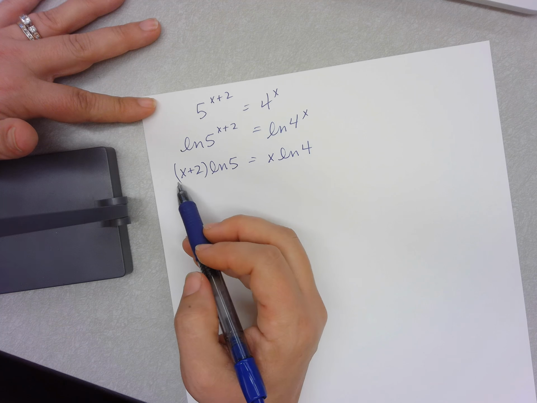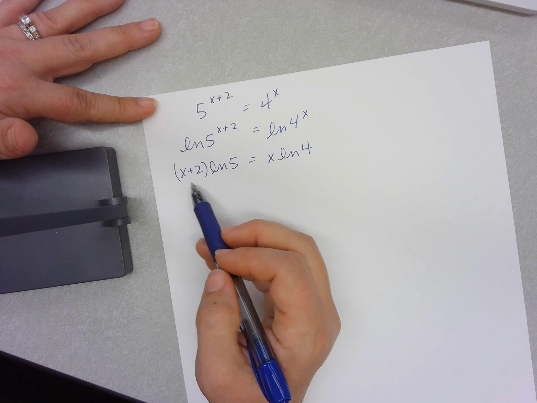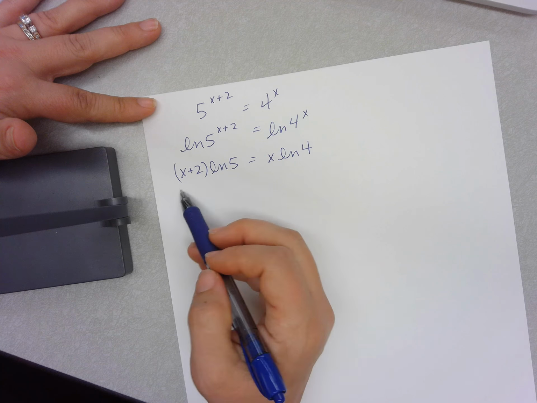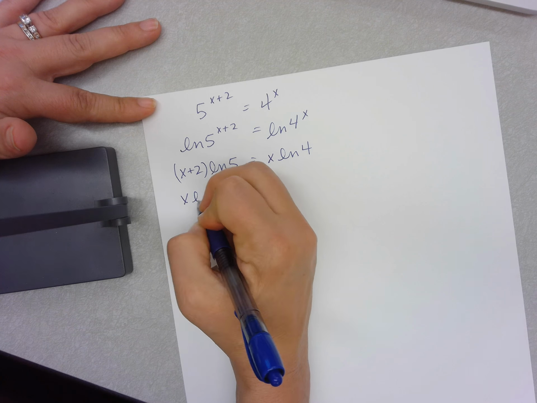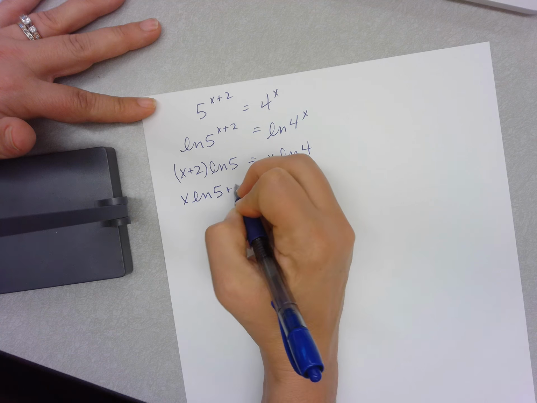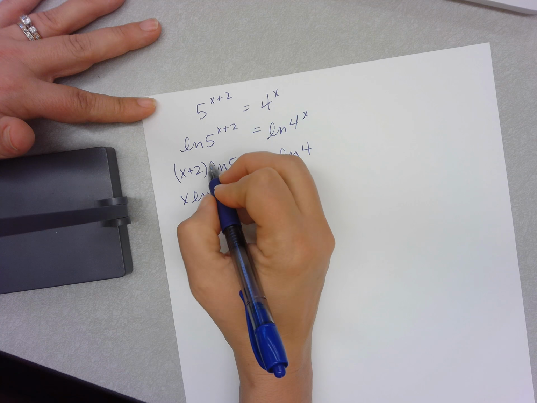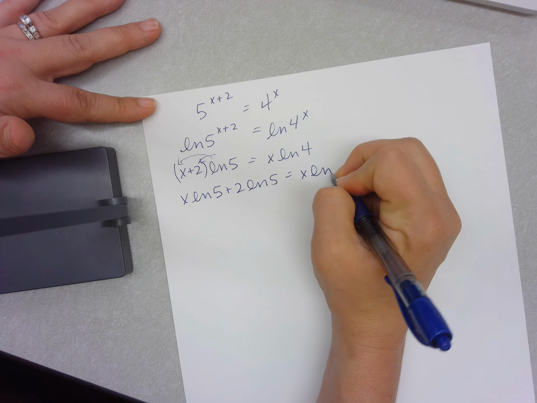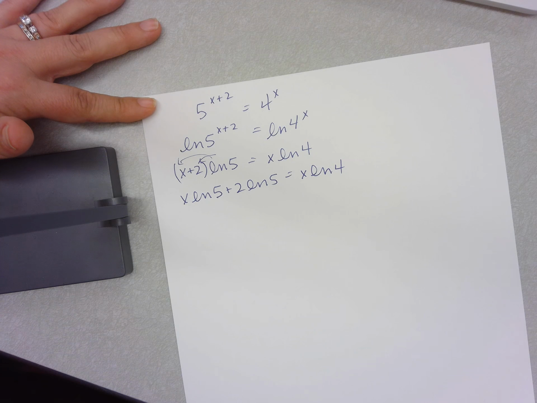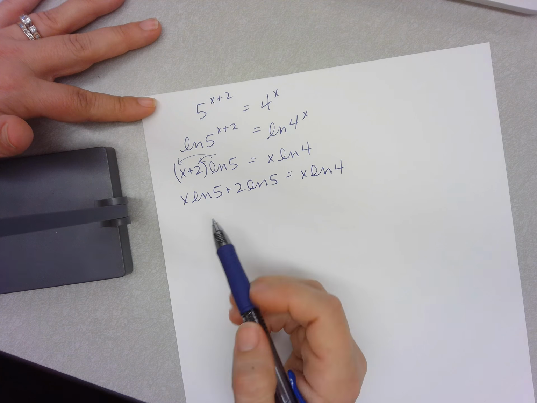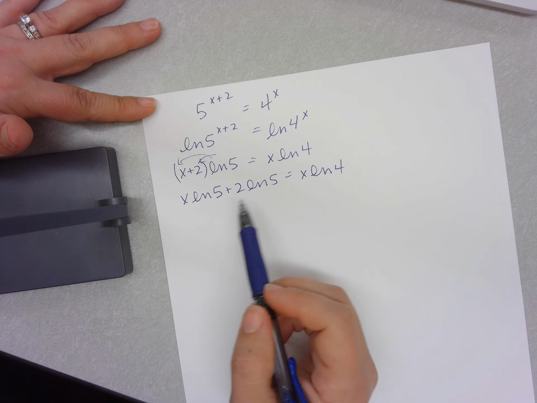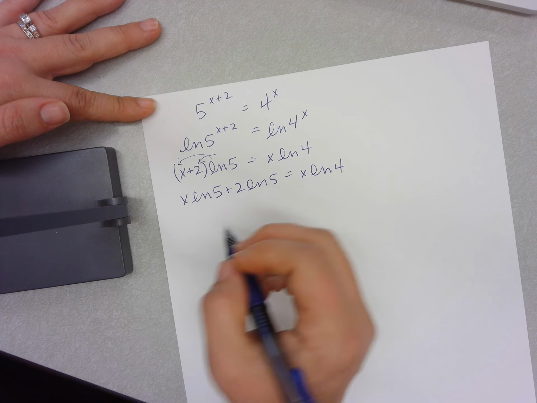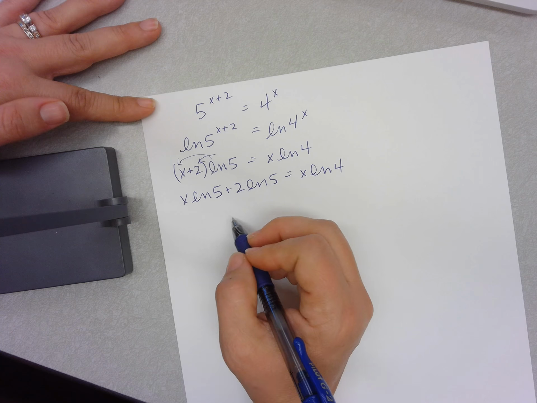Alright, I need to solve for x here, and I have x in these parentheses. So I think what I want to do here is distribute. I have x ln 5 plus 2 ln 5, I'm just distributing here, equals x ln 4. And then just like when we were solving those inverse functions, I have x over here, and so I can move my x's to the same side and factor them out.